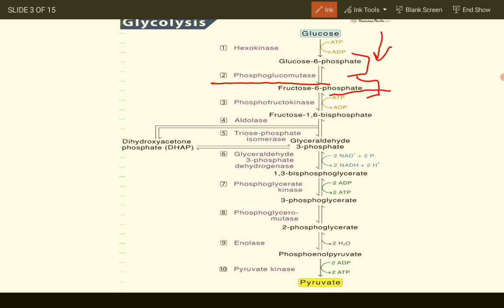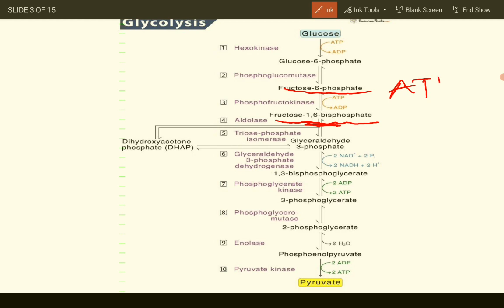Now the third step is where fructose 6-phosphate is converted to fructose 1,6-bisphosphate. Another phosphate is added to the molecule. The phosphate comes, once again, from an ATP, which gives one of its phosphates to become ADP, and the phosphate goes to fructose to become fructose 1,6-bisphosphate.